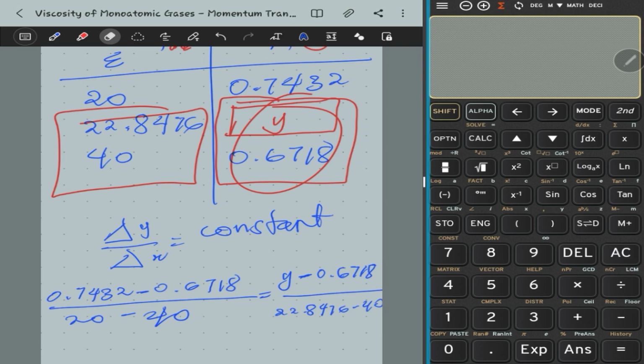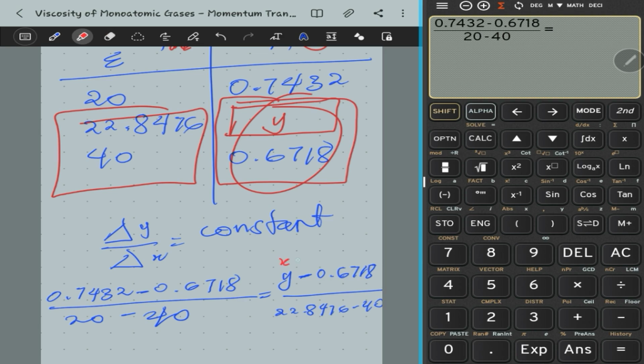So let's see, trying to solve this. Okay, so we have 0.7432 minus 0.6718. At the bottom we have 20 minus what? Let's see. So here the calculator I'm using accepts only x for variable, right?